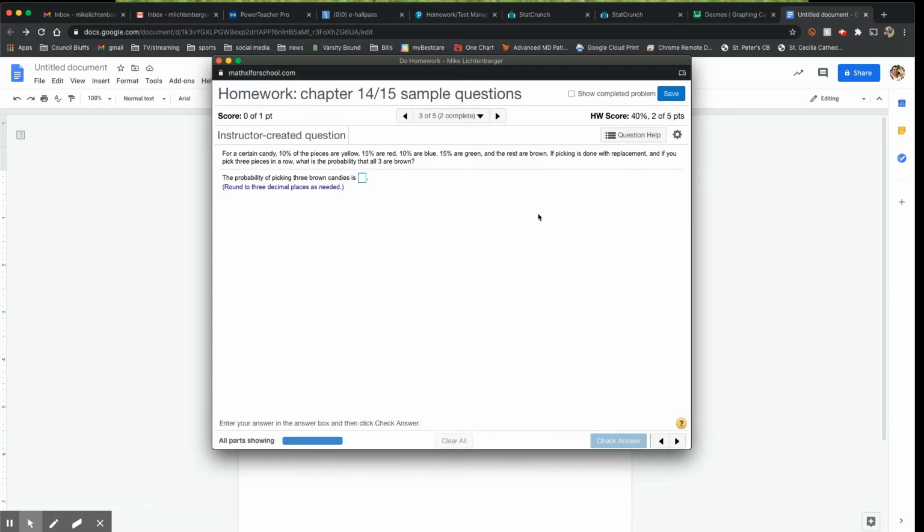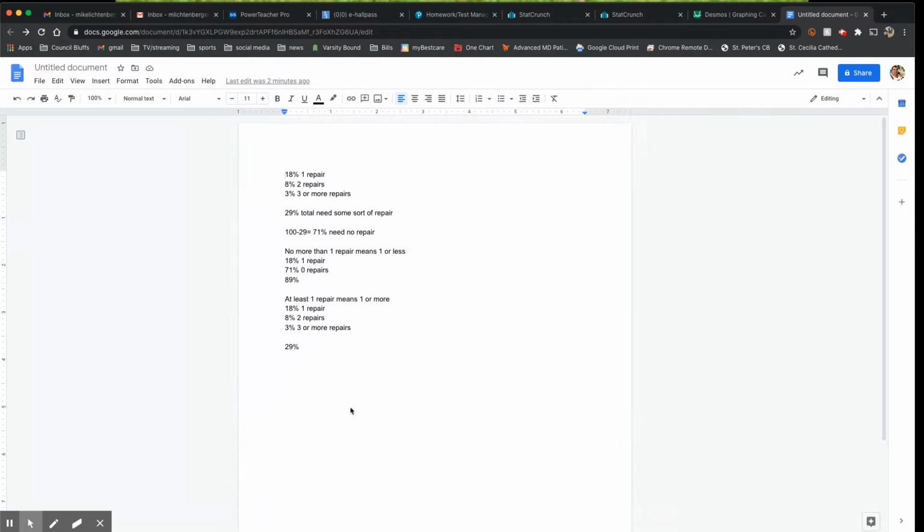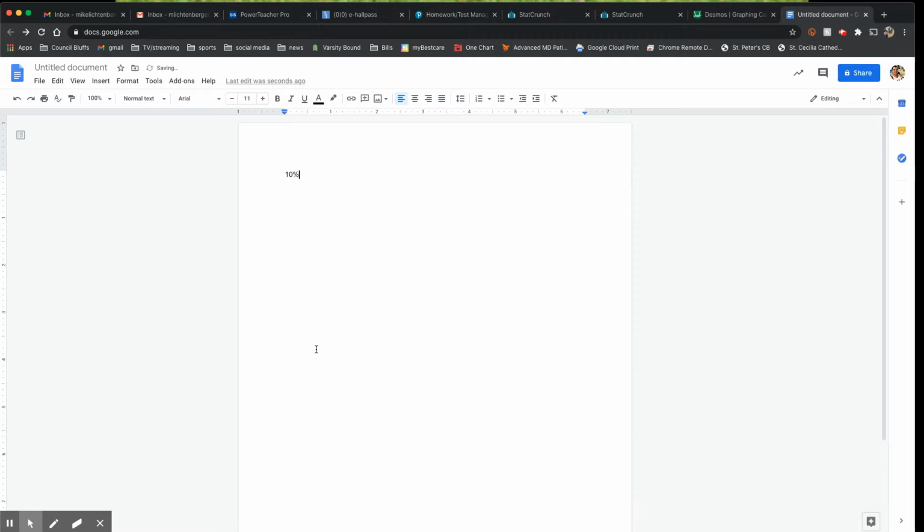Okay. For a certain candy, 10% of the pieces are yellow, 15% are red, 10% blue, 15% green, and the rest are brown. So let's type that in here. 10% yellow, 15% red, 10% blue, 15% green, and then the rest are brown.